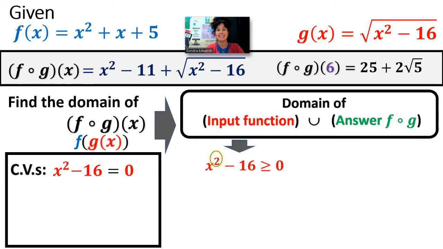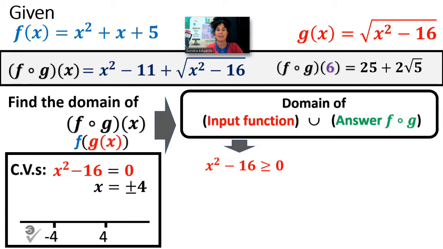So if I add 16 and square root both sides, I will get both positive and negative 4. Those are my critical values. They go on a number line. And then we need to test numbers around these ones to see if it makes the x squared minus 16 greater than or equal to 0 true or false.